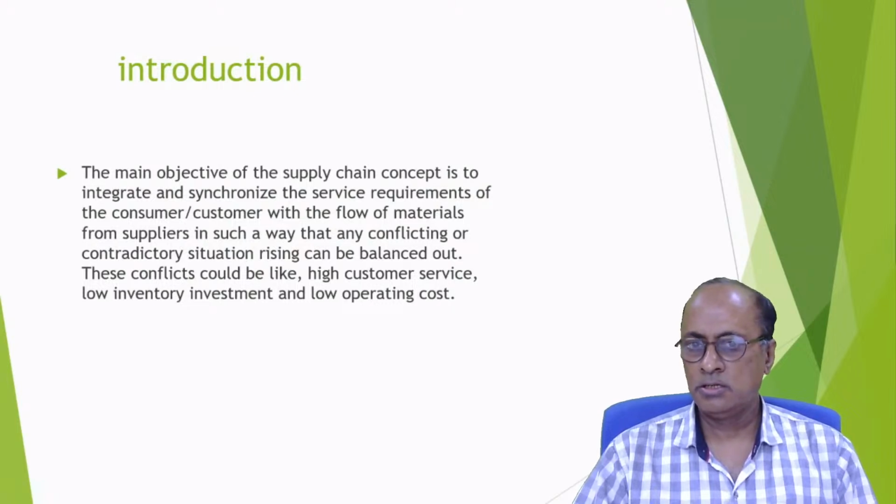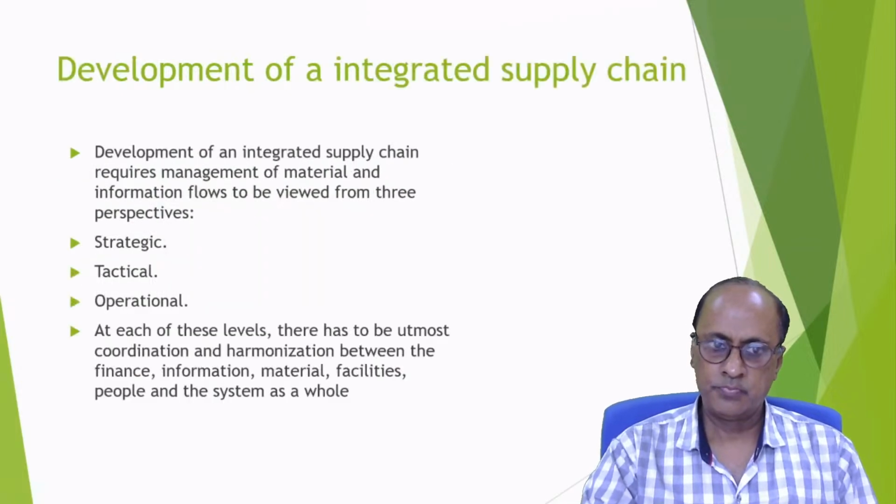So the basic objective of studying the models of supply chain is to integrate and synchronize the service requirements of the consumers with the flow of materials from the suppliers, so that we can balance out the conflicting situations.